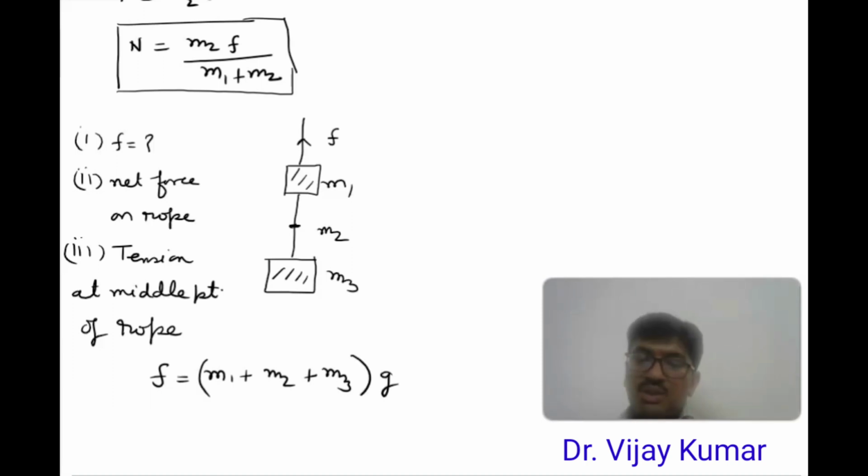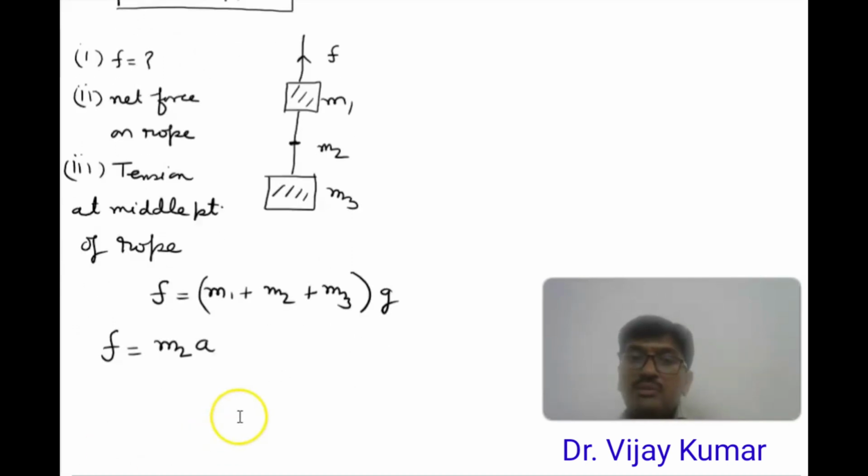So m1 plus m2 plus m3 into g should be the value of the force. And if we determine the net force on the rope, the net force on the rope should be the mass of the rope m2, and suppose a is the acceleration, then it is m2 into a.